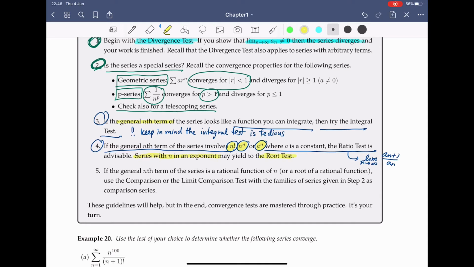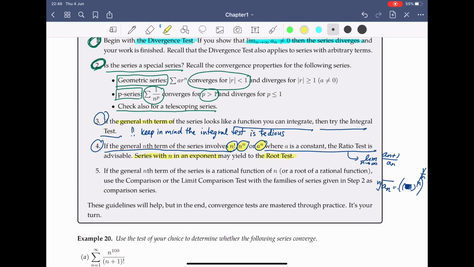If you have something raised to the n power, when you do the root test, you take the n root, which means you raise to the 1 over n power, and this cancels. So you have something that is easy to compute the limit of.